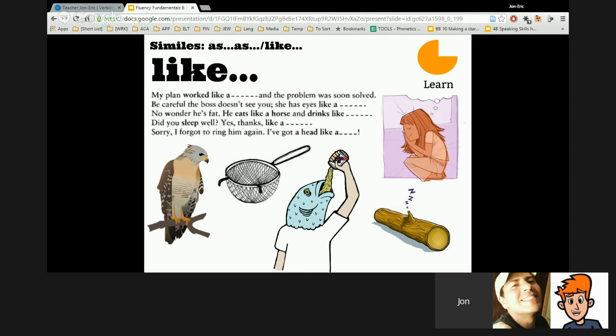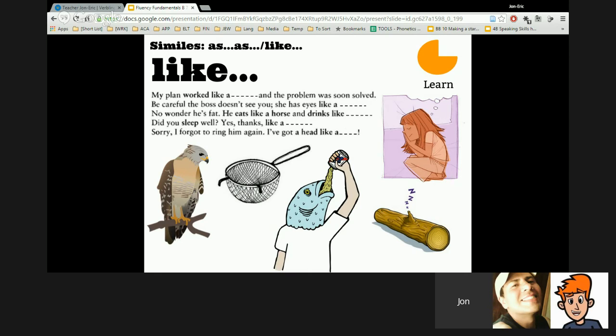What kind of bird is that? What kind of bird is an owl? No, no, no. It's supposed to be a hawk. Yes, it's a hawk. It's supposed to be anyway. So you've got a hawk there. You've got something called a sieve. A sieve is something you use to filter things.